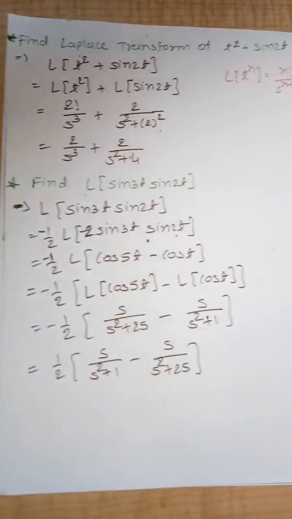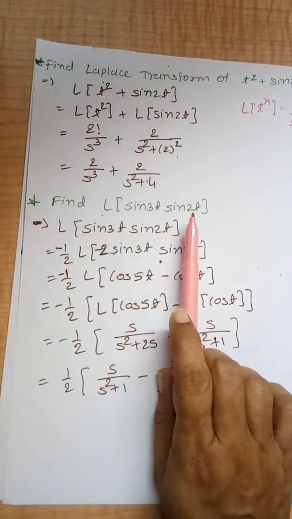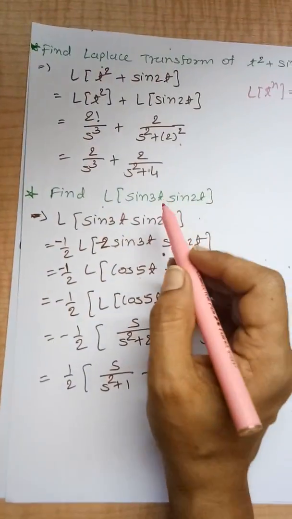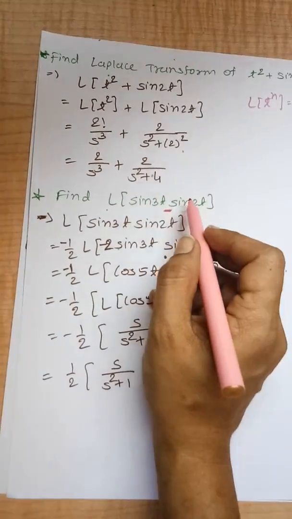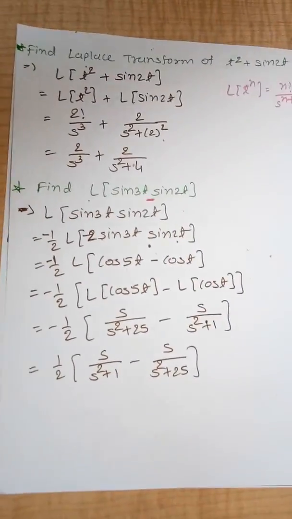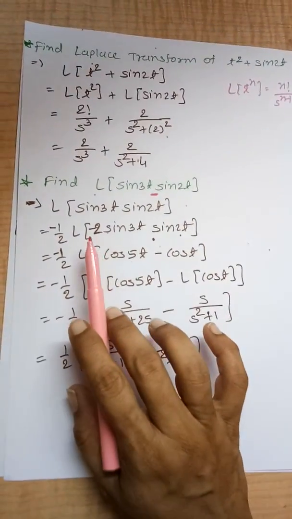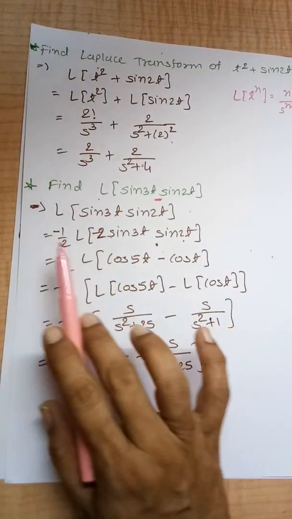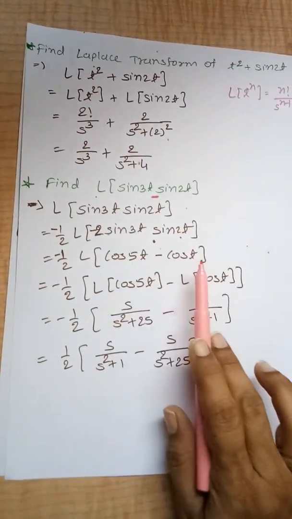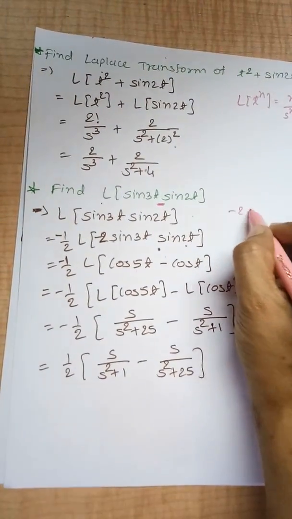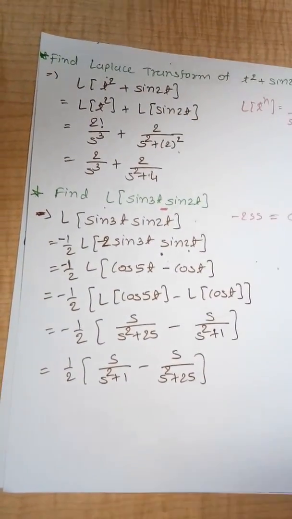Now find the Laplace transform of sine 3t into sine 2t. Students, in this function there is no sign between the two functions, so we apply the 2s formula. For that I multiply this function by minus 2 and divide by minus 2. Minus 2 sine sine is cos minus cos.